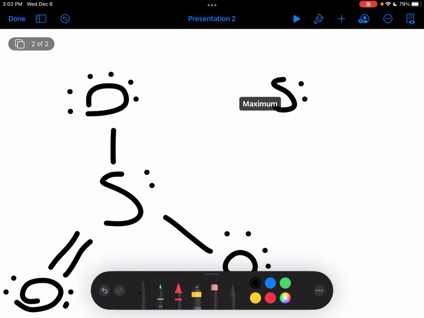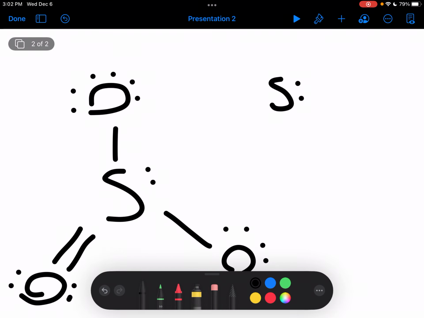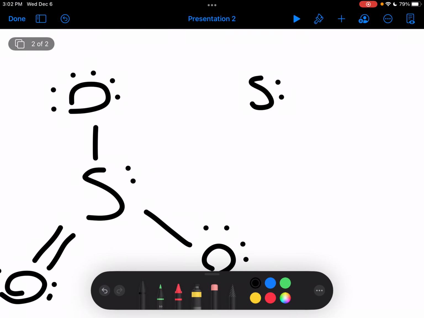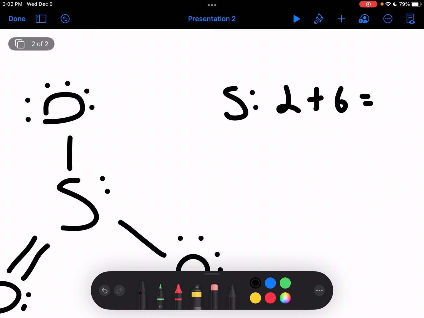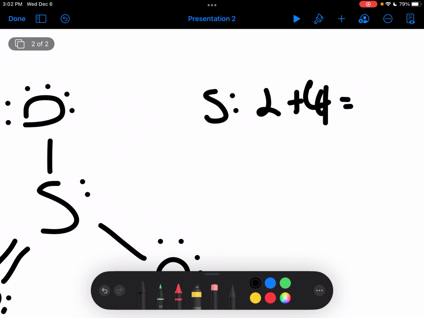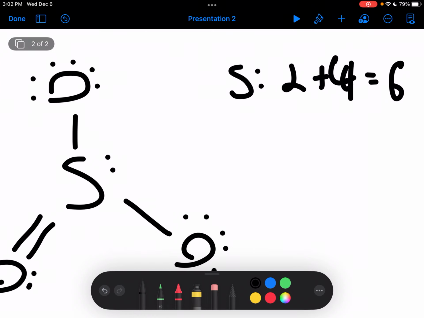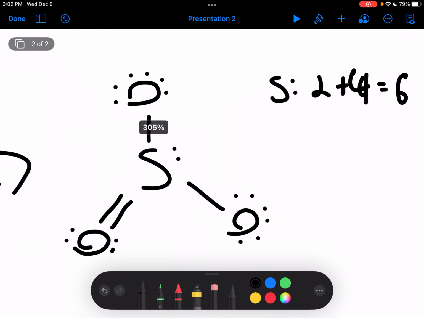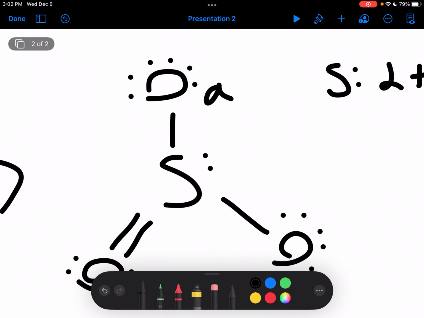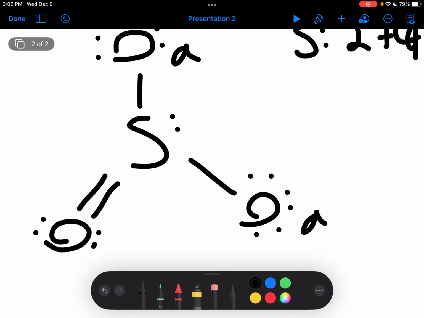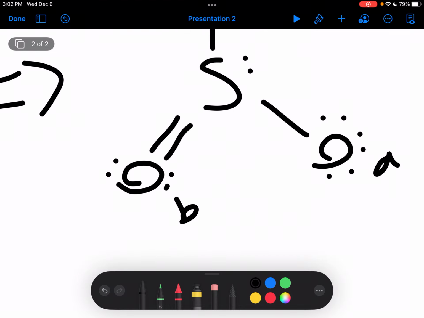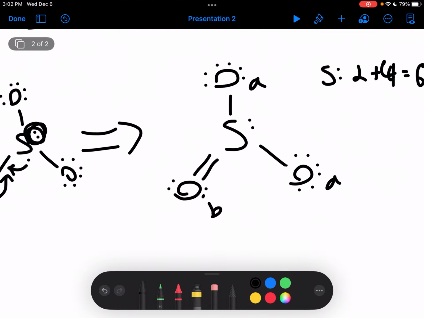So in this case, sulfur has currently 2 valence electrons on the outside, and it has 1, 2, 3, 4 bonds. So 2 plus 4, I apologize, equals 6. Then we have 2 different oxygens here. We have oxygen A, these 2 are the same, and we have oxygen B. This one's different than the other oxygens.